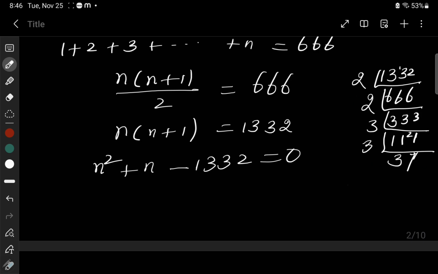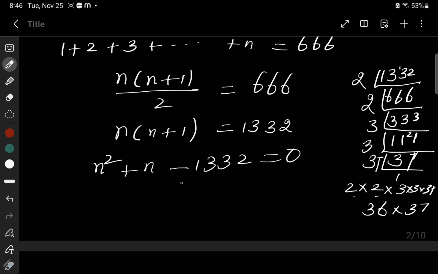So here 2 into 2, 37 is a prime number, you can stop here. So 2 into 2 into 3 into 3 into 37. You make it as 2 factors, 2 2s are 4, 4 3s are 12, 12 3s are 36, into 37 is a single factor.